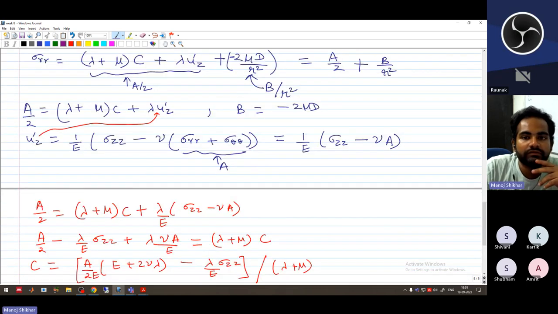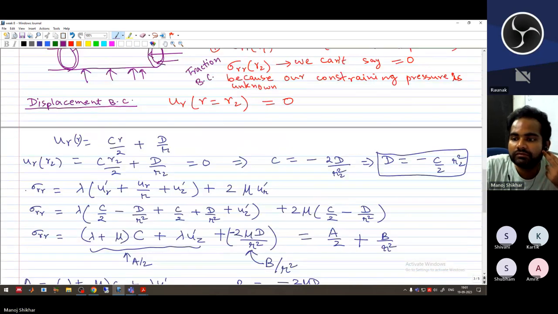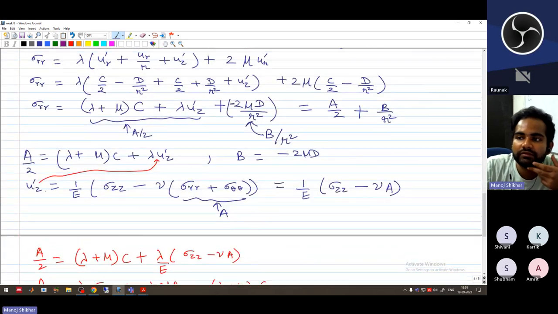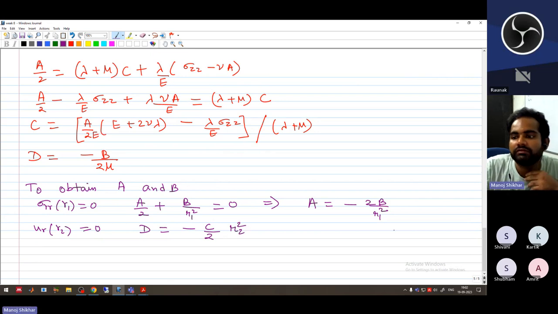So here I've already found out D was minus C by 2 R2 square. D equal to minus C by 2 R2 square.